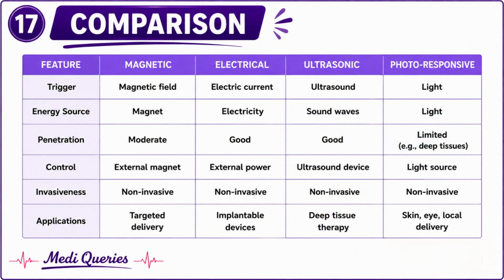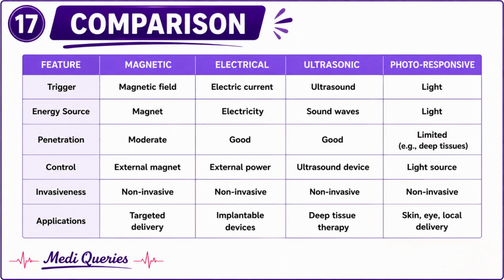And a comparison. So now let's compare the different systems. Up to now what we discussed: magnetic systems, electrical systems, ultrasonic systems, and now photoresponsive systems.